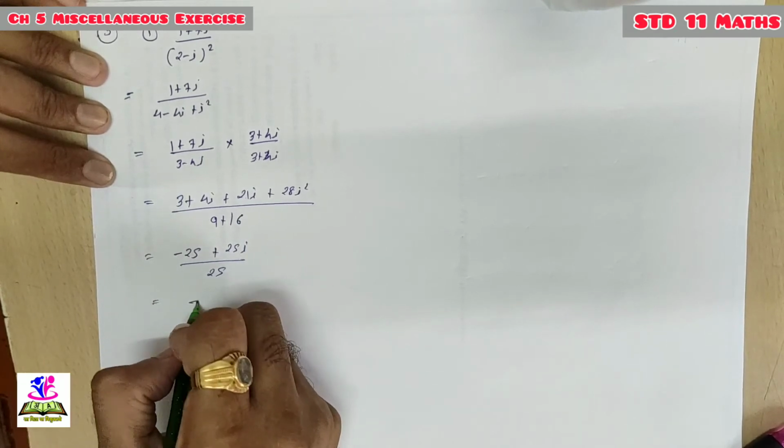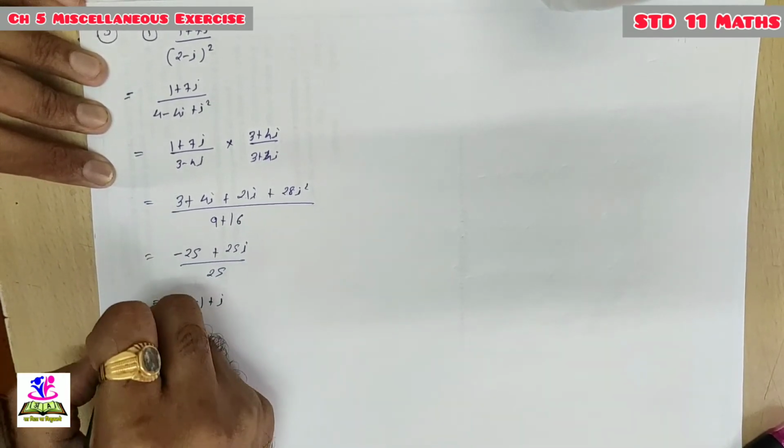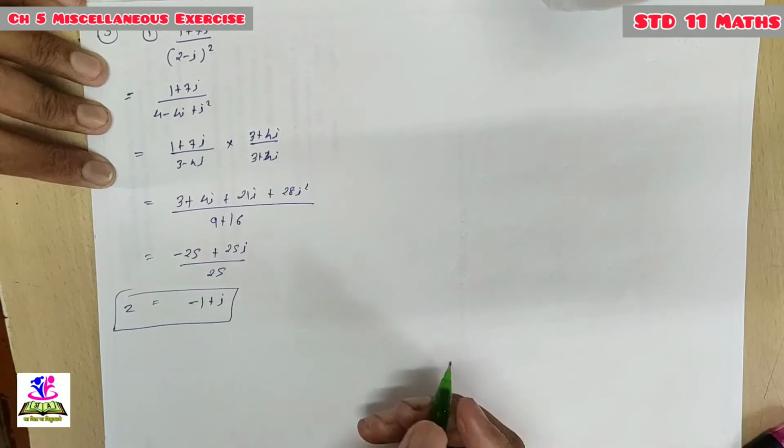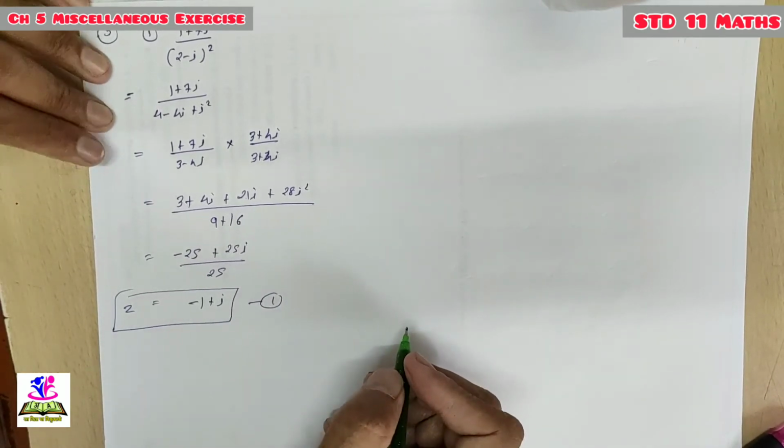Take 25 common. So it's minus 1 plus i. So this is the simplified form of our complex number. z is equal to minus 1 plus i.